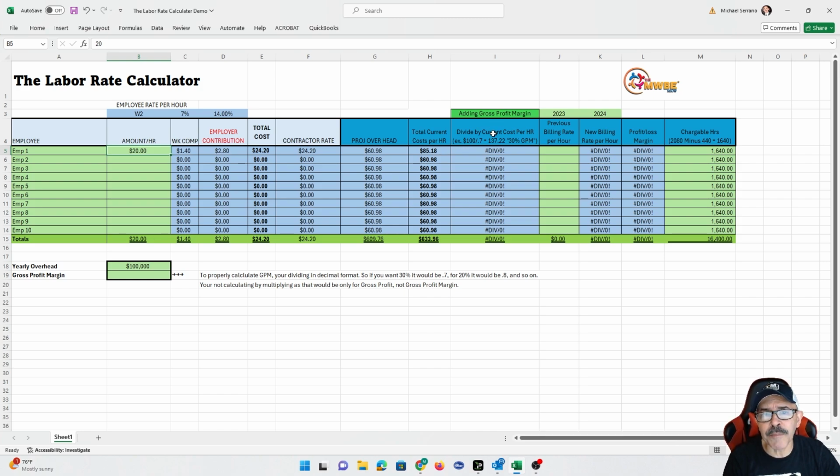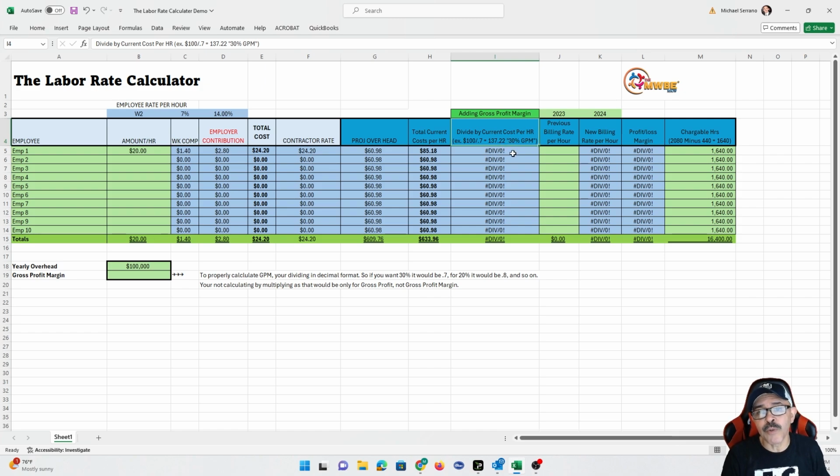And then we're looking at the next piece here, which is adjusting for gross profit margin. And I'm not talking about gross profit, right? Just make it a profit, right? You have to add profit on top of your expenses, your overhead, to add to the hourly rate that you're going to be charging a customer.